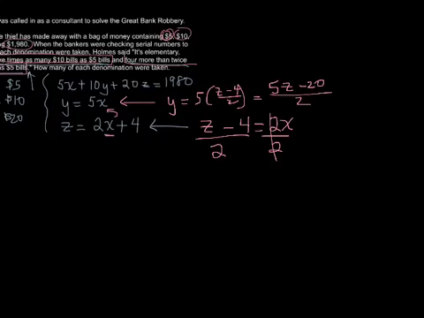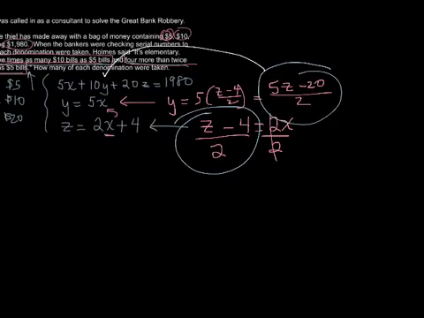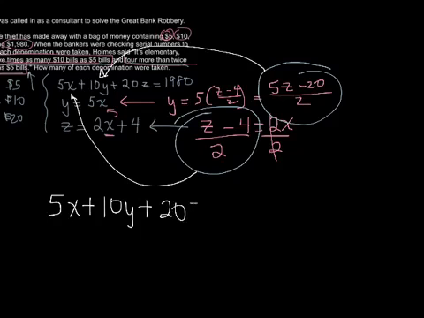And then still working up the ladder now, I notice that my x is in terms of z, my y is in terms of z, so why not plug all this in, plug that in for y, plug this in for x, because then I'll just have one variable, meaning 5x plus 10y plus 20z equals 1980.